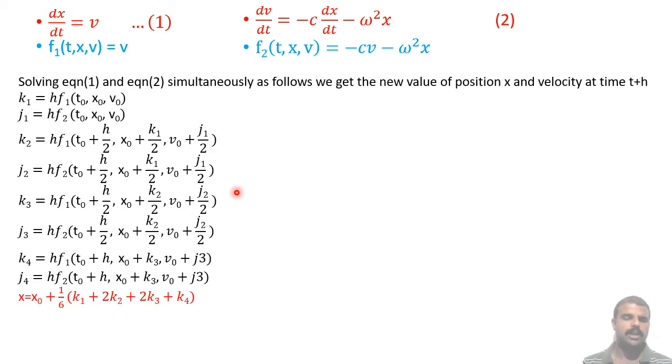Then you have to calculate x and v, the new x value and v value. So you can have an algorithm like this. x0 can be considered as the previous value of x, or the starting point, the initial value of x, and this is the next value of x. So you can write it as the previous value of x plus this term, 1/6 into k1 plus 2k2 plus 2k3 plus k4, which will give the new position.